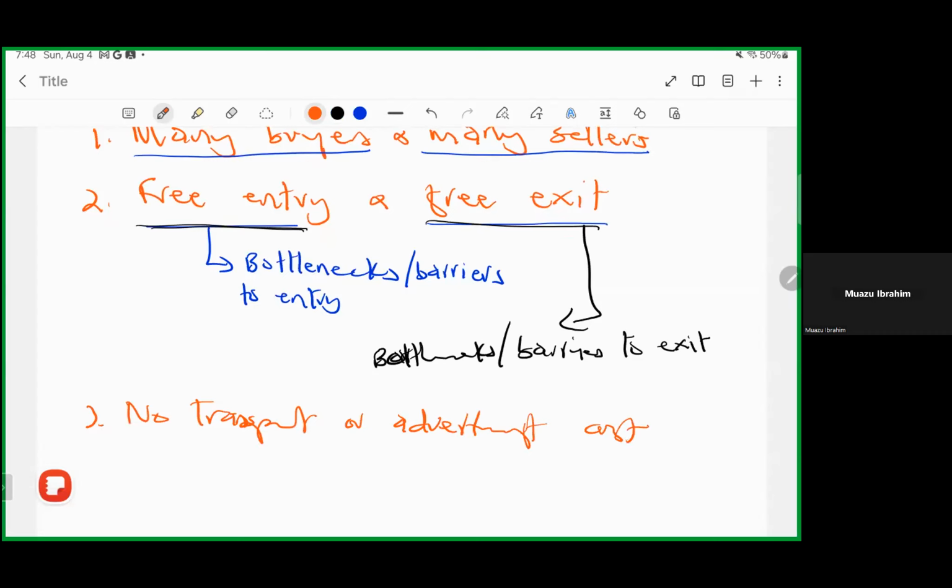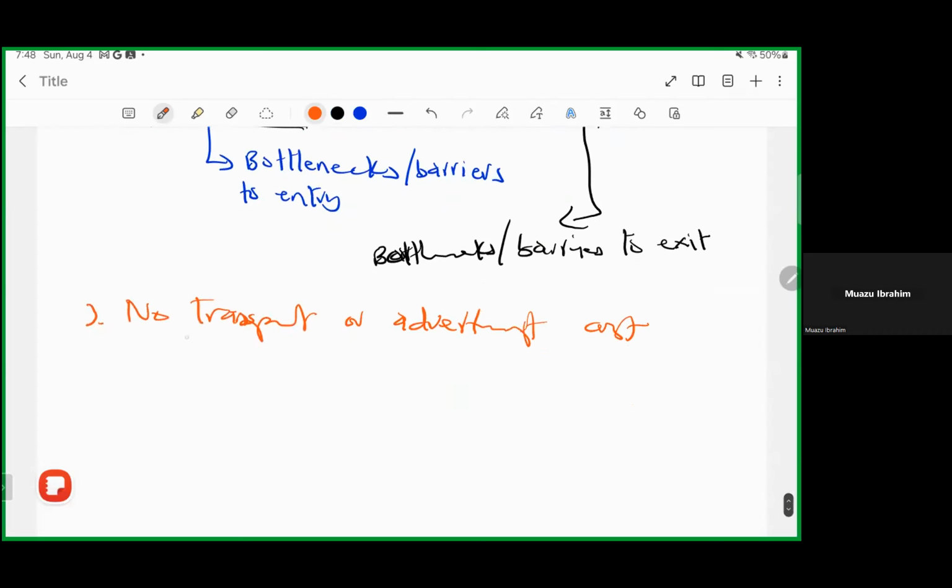In other words, firms do not incur any amount on transport, which means that if you buy your goods from a warehouse to your store, there shouldn't be any transportation cost. There should also be no advertising cost, which means that no firm should be advertising the products in order to attract buyers, because buyers are already many, and sellers are also many. So you shouldn't incur any cost.